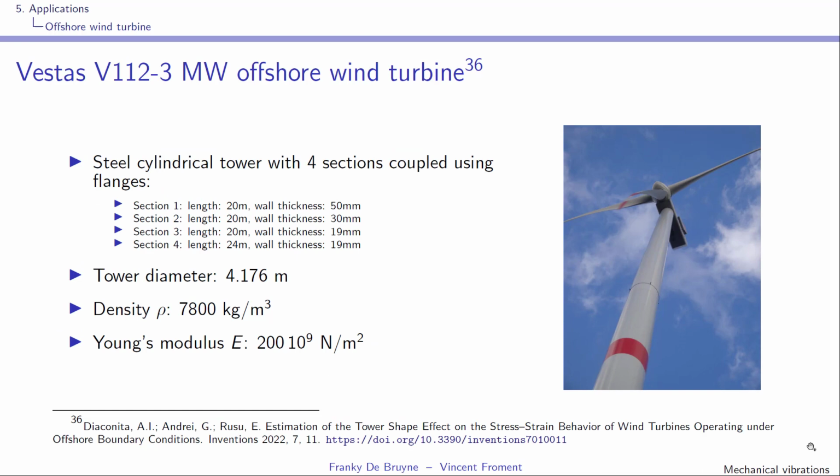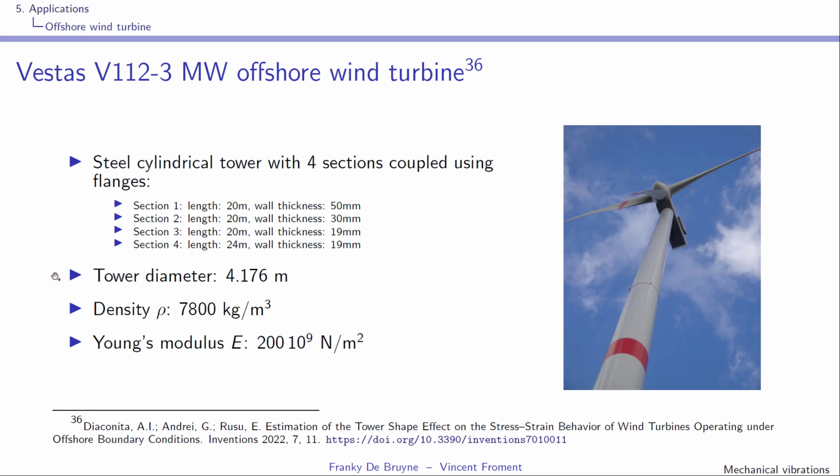Well, the main advantage of working with the publication, and this will be important if you're preparing your assignment, is that you find realistic parameter values for the system you're studying. Indeed, in the paper you will find that the tower of the offshore wind turbine is constructed from 4 sections of given lengths and wall thicknesses, right?